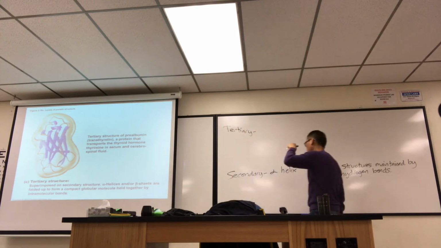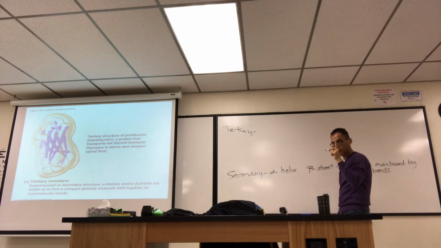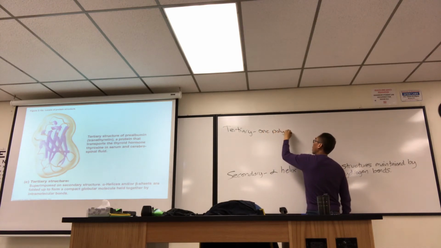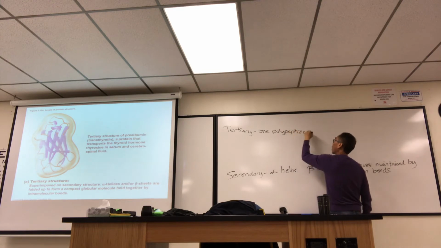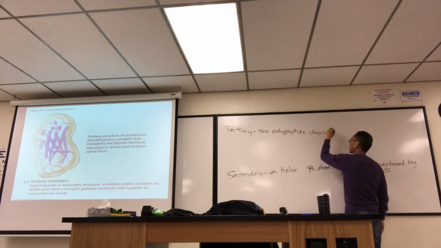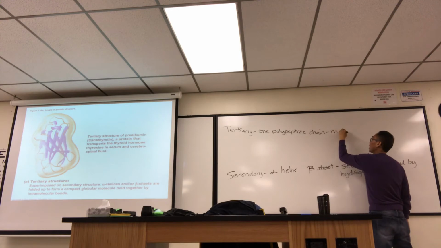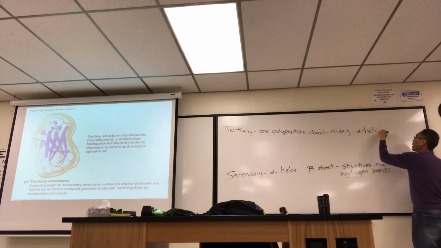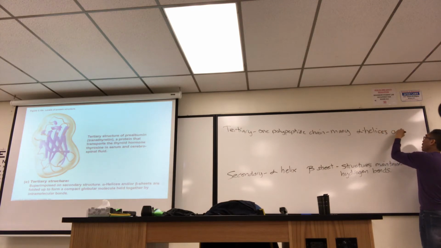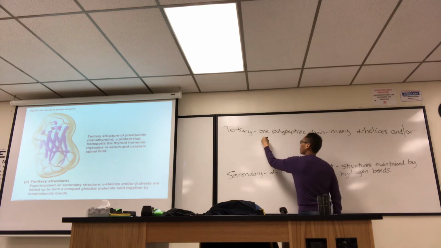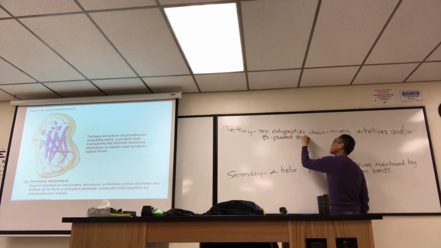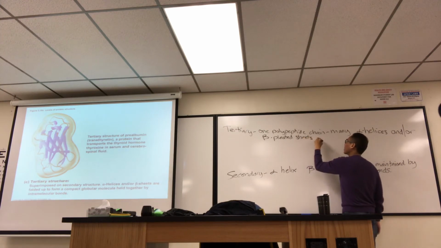So the definition is, it's still one polypeptide chain, maybe many alpha helices and or beta pleated sheets in a row.